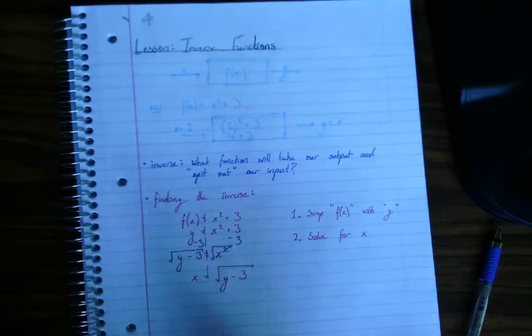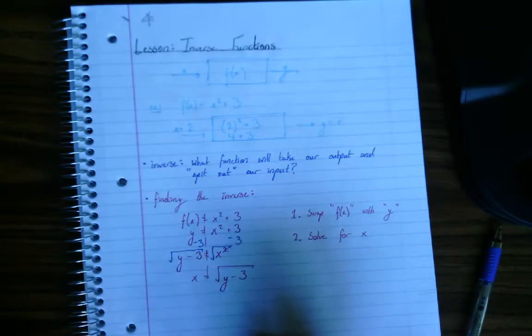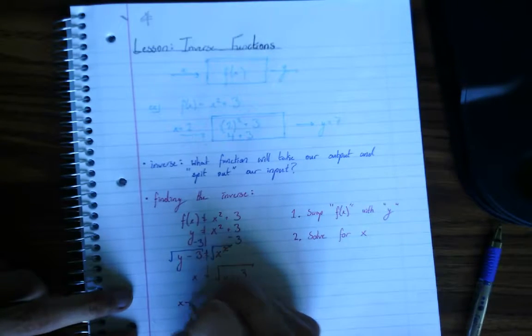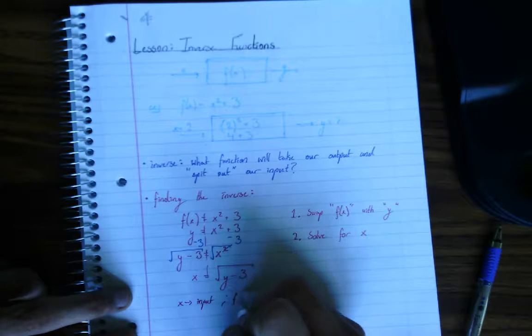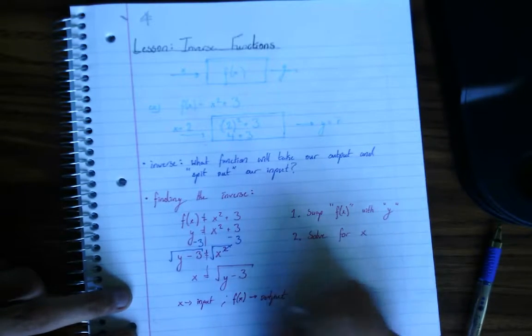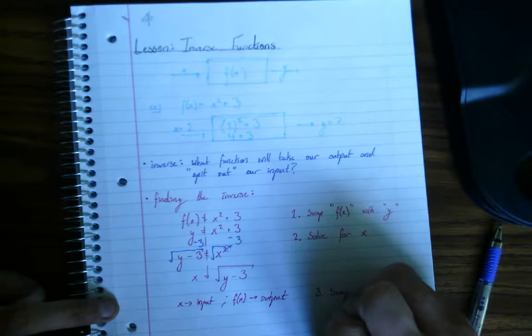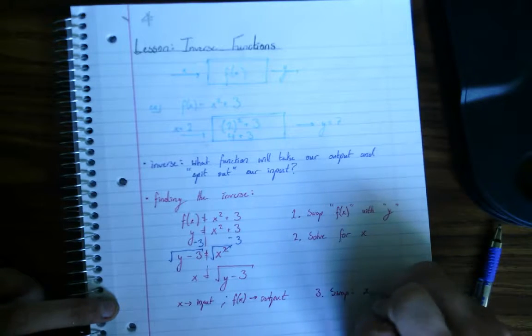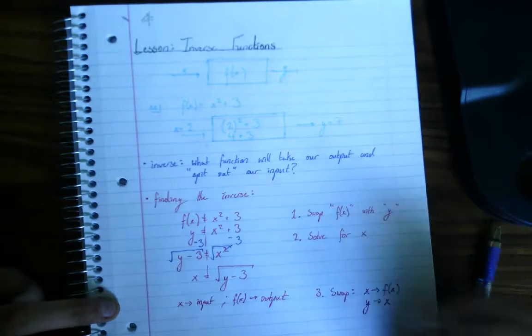Our step 3 is really just a notation thing. We want to show that this inverse is a function of itself. The general notation is that x means input, f of x means output. So just to follow those conventions, we're going to swap. So step 3, swap x for f of x and y for x.